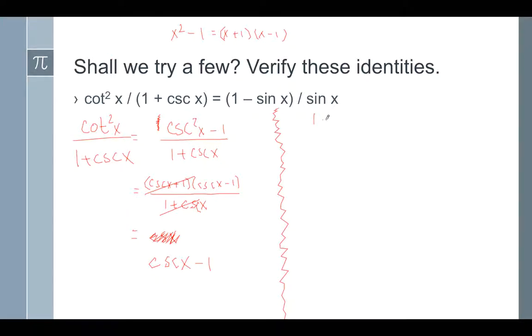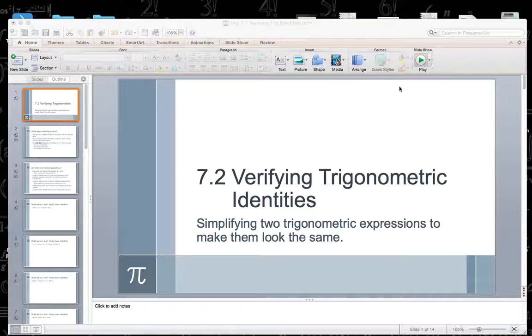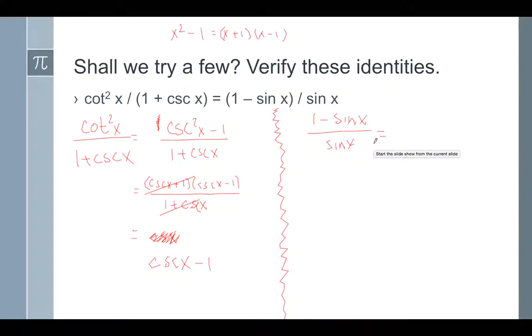So again, I'm going to work with both sides of the equal sign separately, and hopefully they come down to the same thing. Now, I really wanted to do this right side because I want to show you this particular idea that you can do. 1 minus sine x over sine x, I can split this fraction into 1 over sine x minus sine x over sine x.